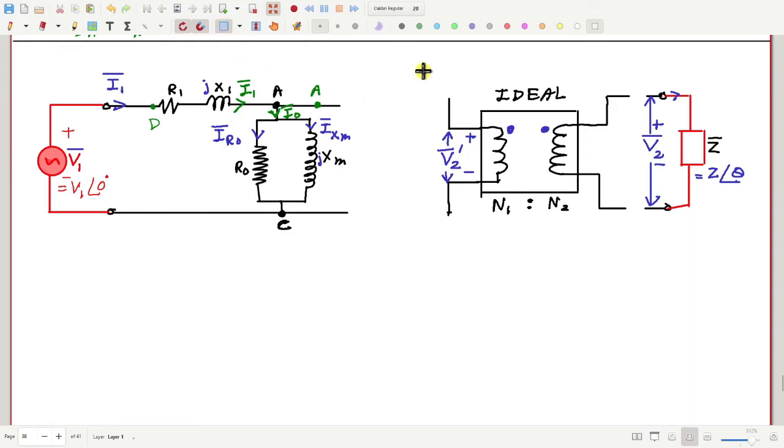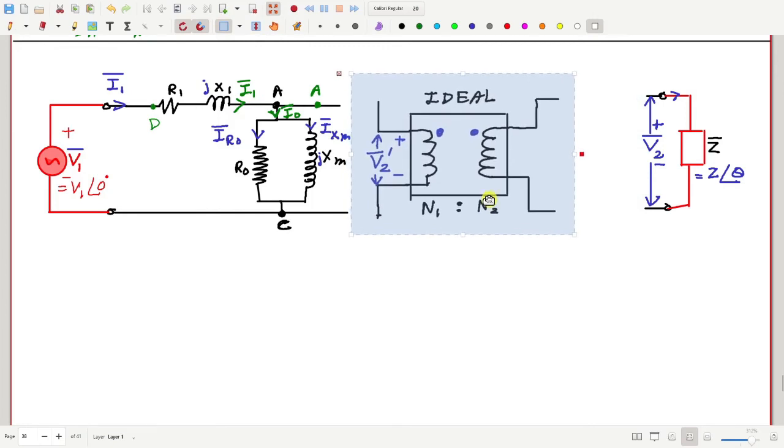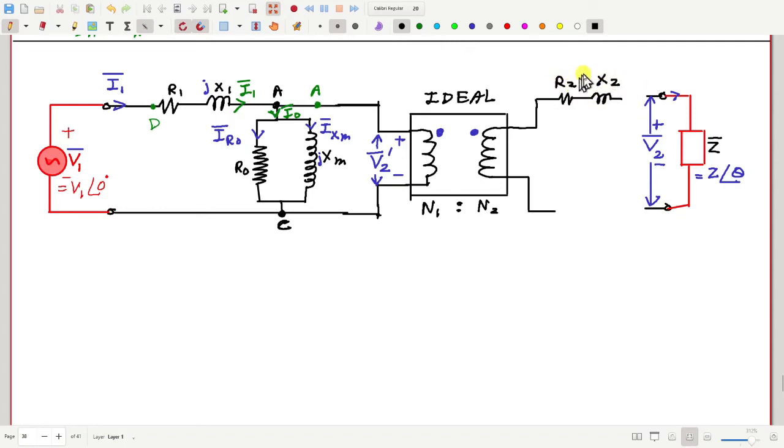Now I am going to bring this ideal transformer here and connect it directly. So the R2 and X2 that were here, that is missing, R2 prime, X2 prime. What I am going to do is put here some R2 and X2. This is JX2. This is also equivalent to the previous circuit.